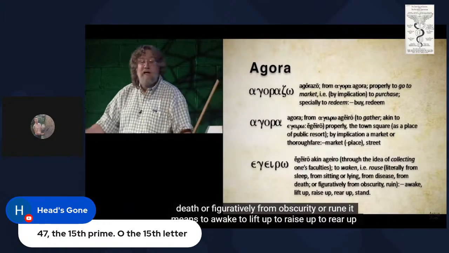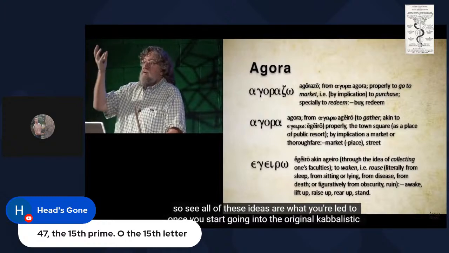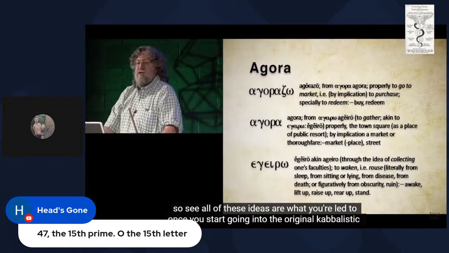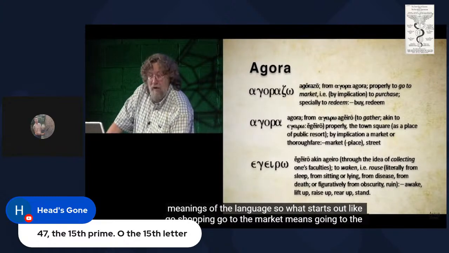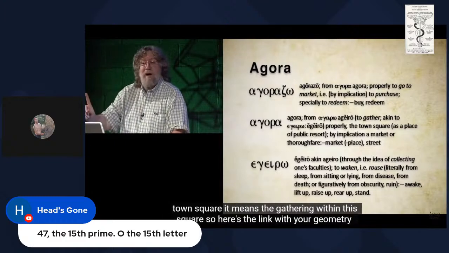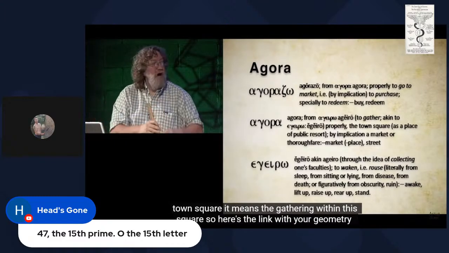It means to awake, to lift up, to raise up, to rear up. So see, all of these ideas are what you're led to once you start going into the original Kabbalistic meanings of the language. So what starts out like go shopping, go to the market, means going to the town square. It means the gathering within this square. So here's the link with your geometry.